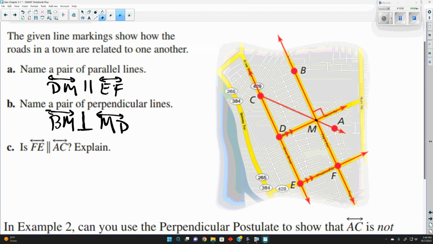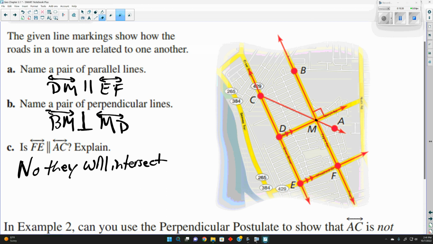Now, the next part is FE and AC. Are they parallel? No. They will intersect. That's one way we can say it. Another is FE is parallel to MD.